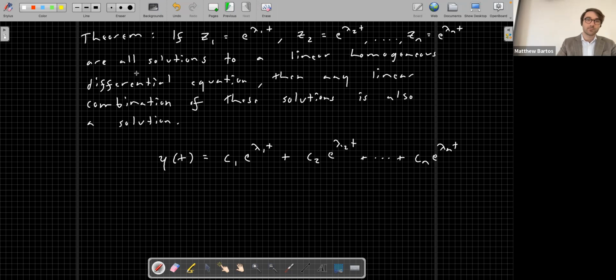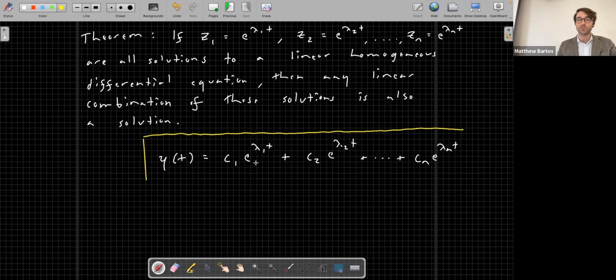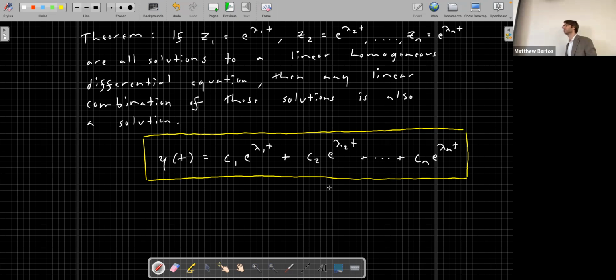So if we have solutions corresponding to the different roots of our characteristic polynomial, any linear combination of those solutions is also a solution to the differential equation.